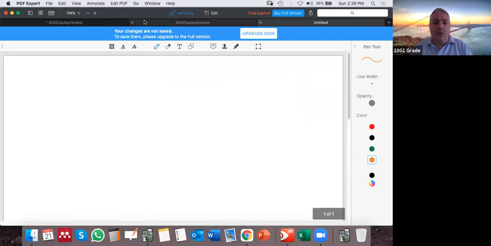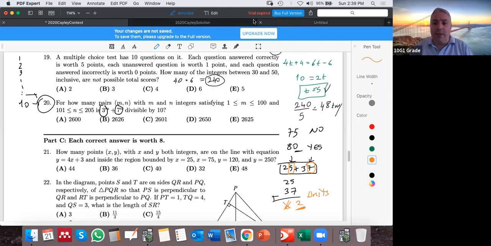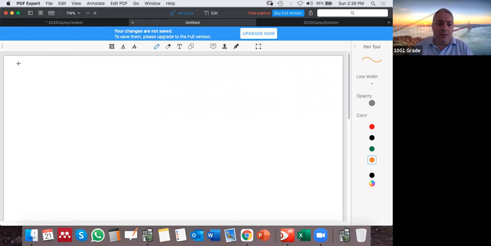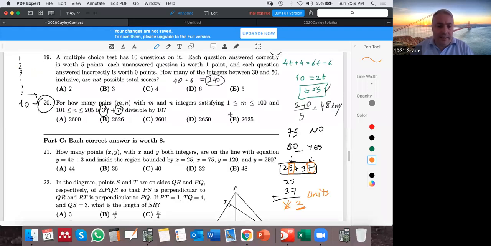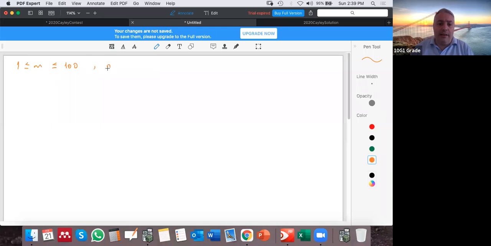By looking at the question, I am writing that m is between 1 and 100, so 1 is less than or equal to m, less than or equal to 100. And n is between 101 and 205.